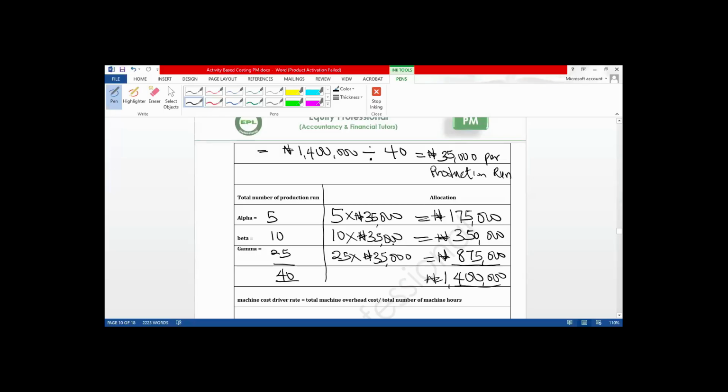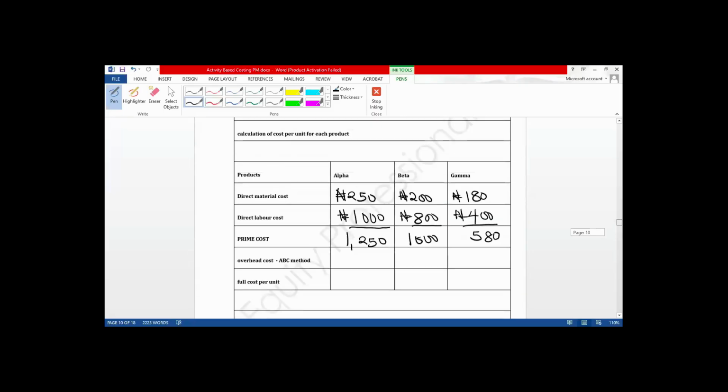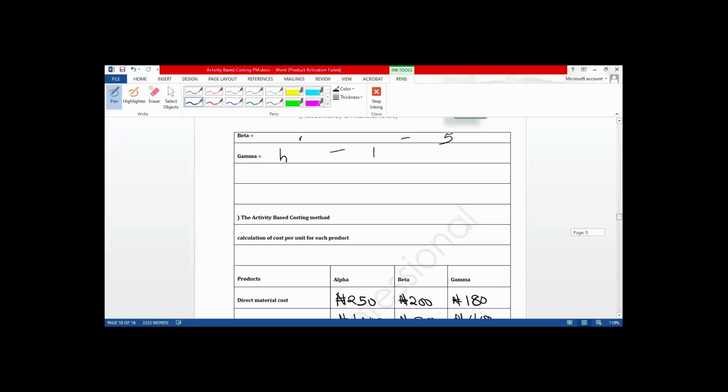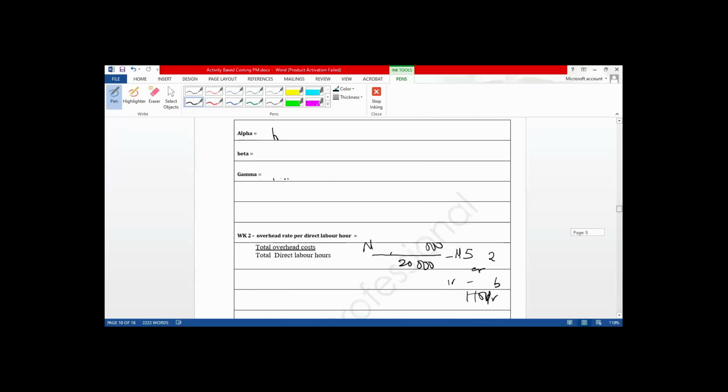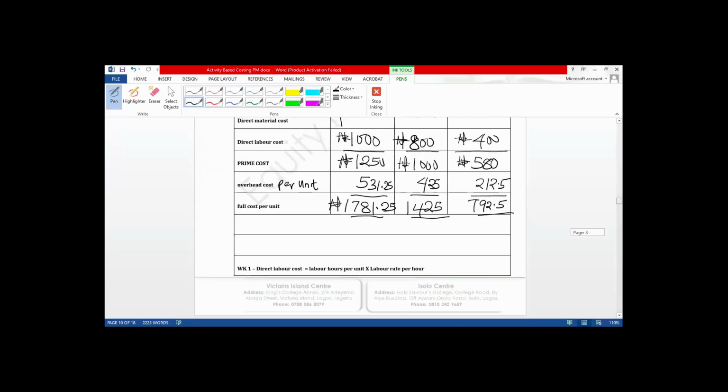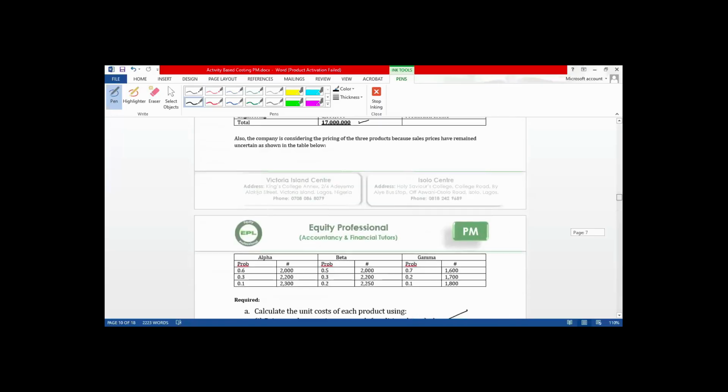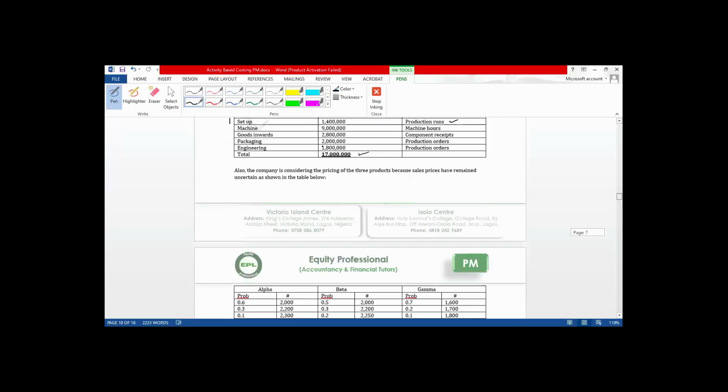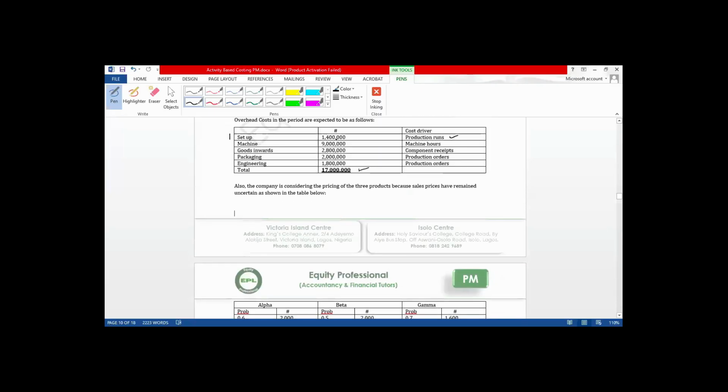It must not be more than, it must not be less than, because you have said setup overhead. How much is it? $1.4 million.